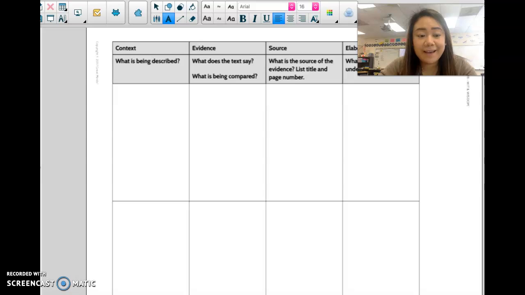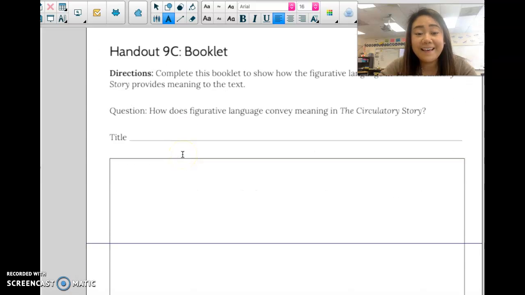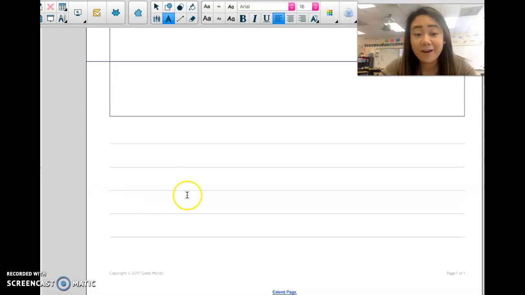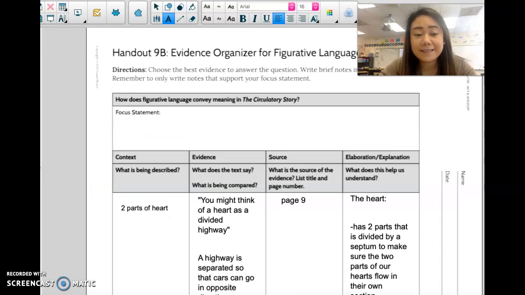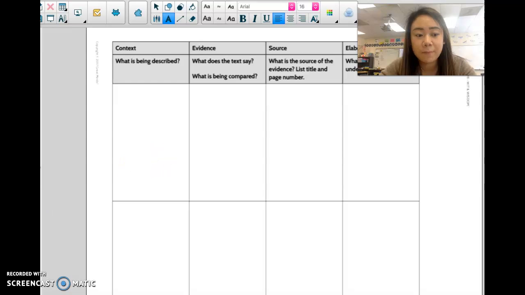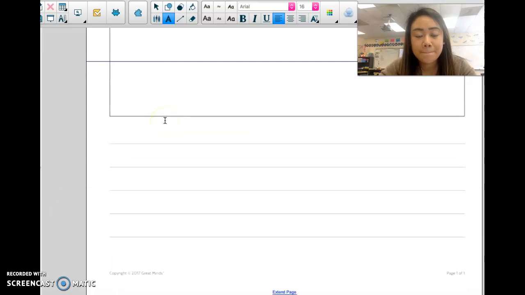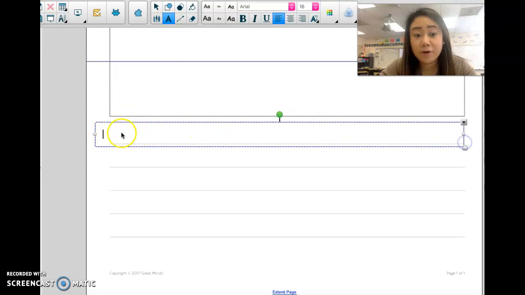Once you're done with that, you're going to write that now into a paragraph here. So the first sentence should just introduce what's being described. So how can we say the two parts of heart here in a sentence? We can just say the human heart has two parts.